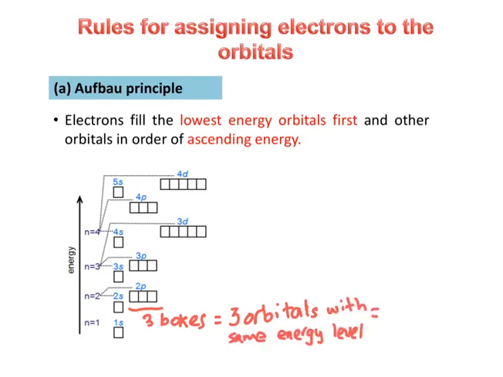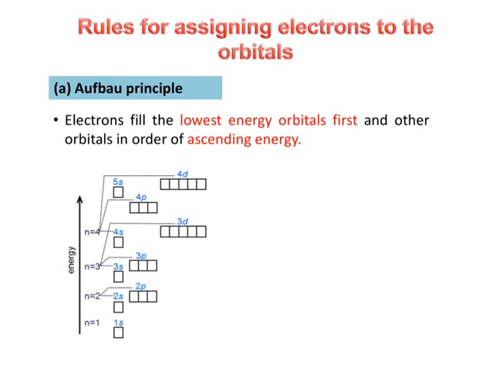It means that the 2p orbital has 3 degenerate orbitals. The next higher energy orbital is 3s, then 3p, after that 4s, after that 3d, 4p, 5s, and 4d.